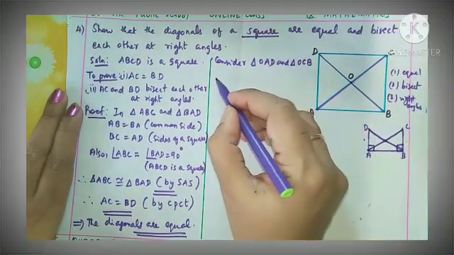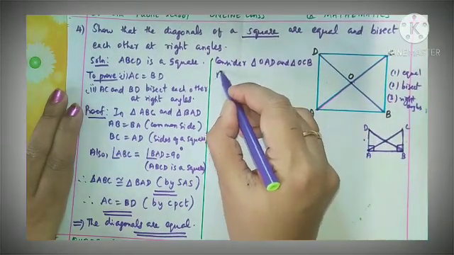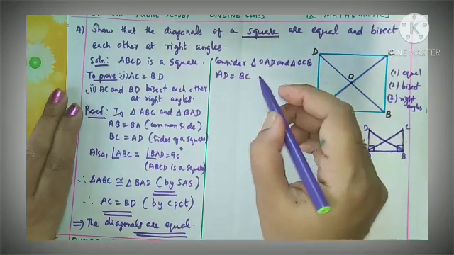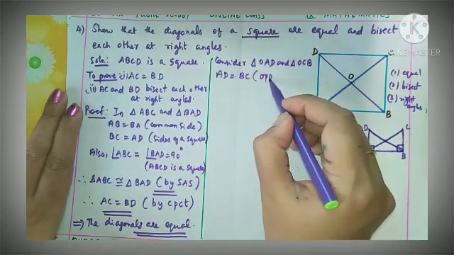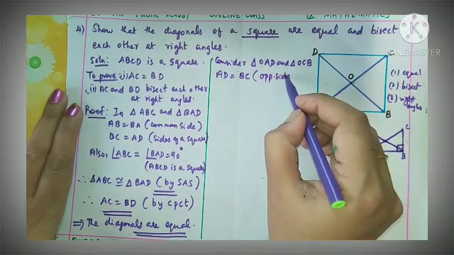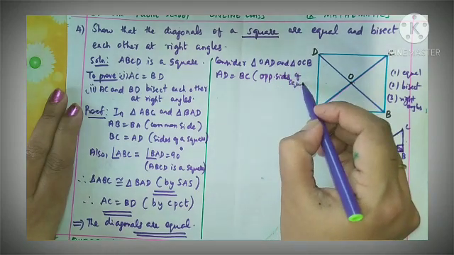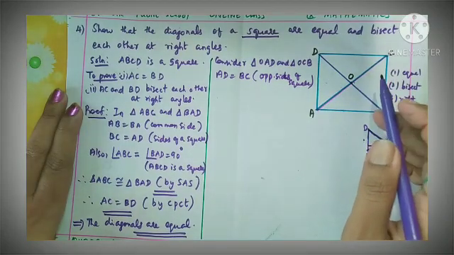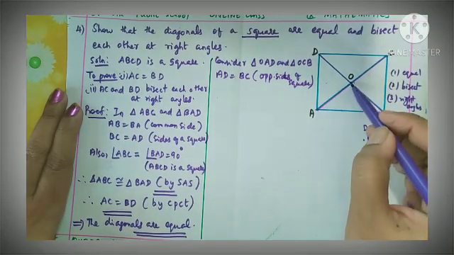So first I am going to write that AD equal to BC, they are opposite sides of a square. So one side you got equal. Now what do you think about OAD?